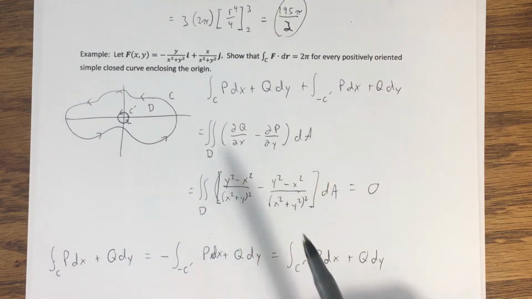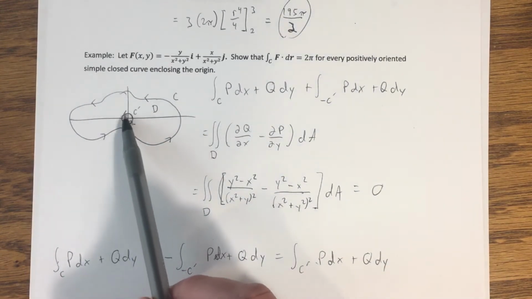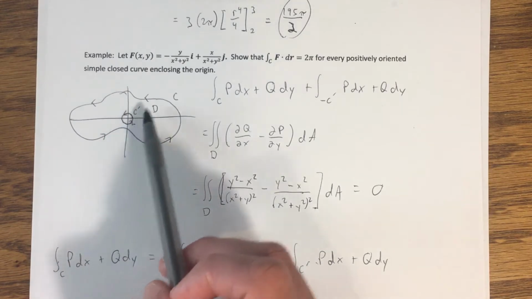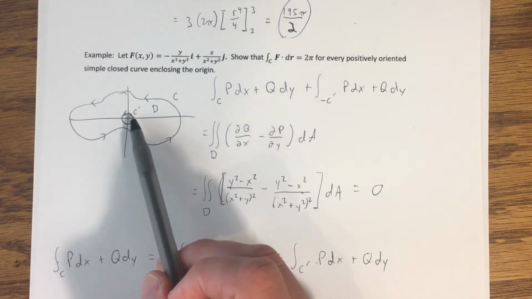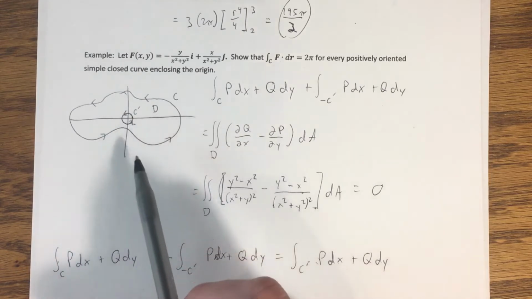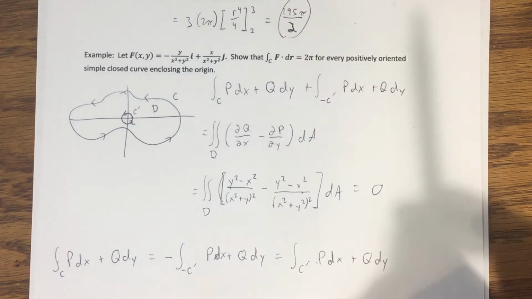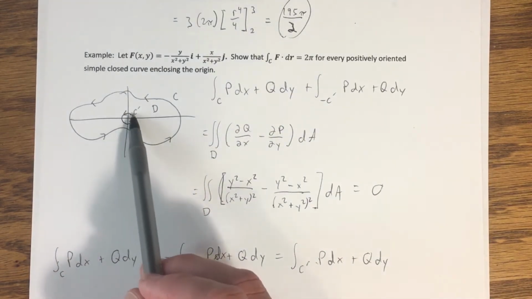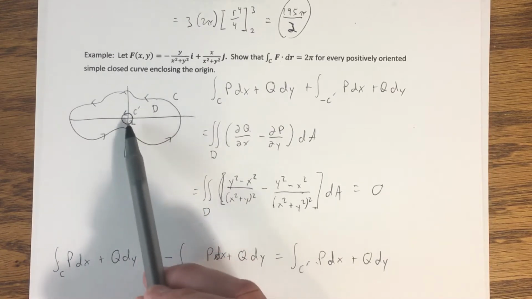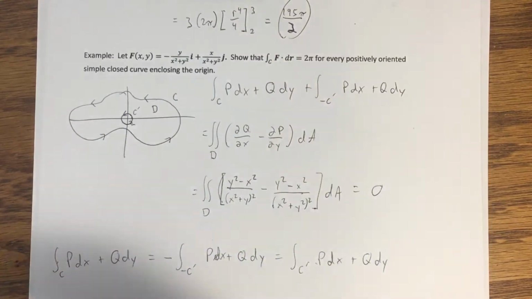What we still needed to show was that the line integral along this curve C prime here was equal to 2 pi. So in order to do that, we assume that the circle was small enough to fit inside this curve. Let's call its radius a.